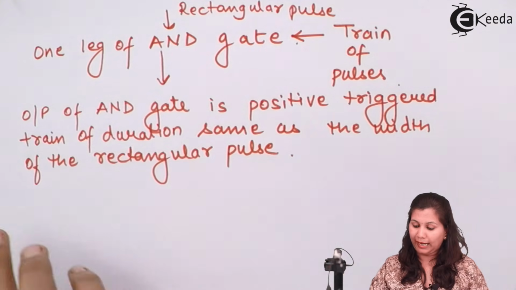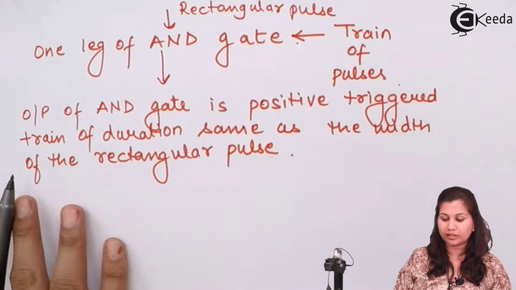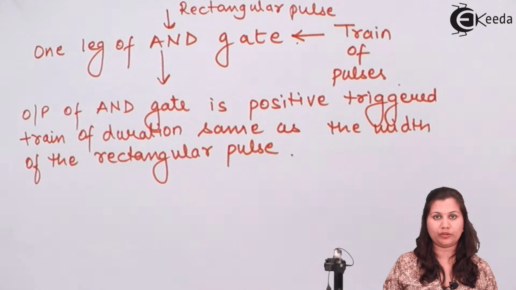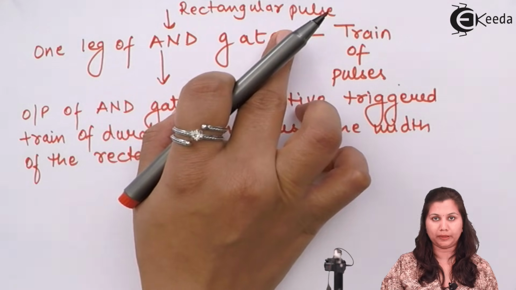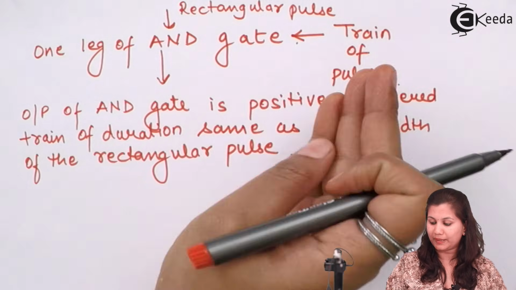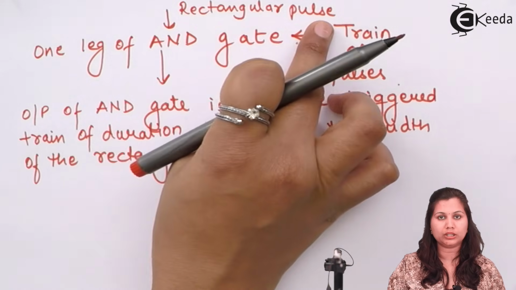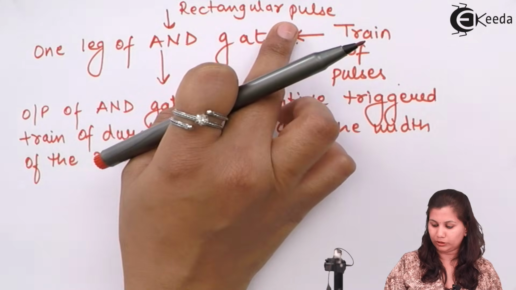The output of the AND gate will be a positive triggered train of the same duration as the rectangular pulse. So this train of pulses is modified according to the width of the rectangular pulse.